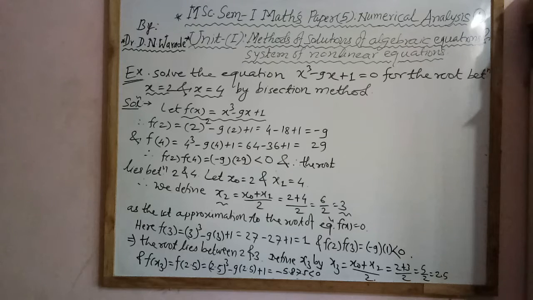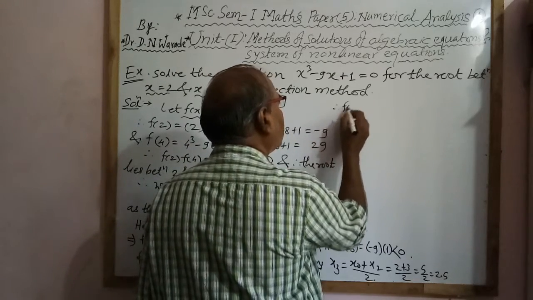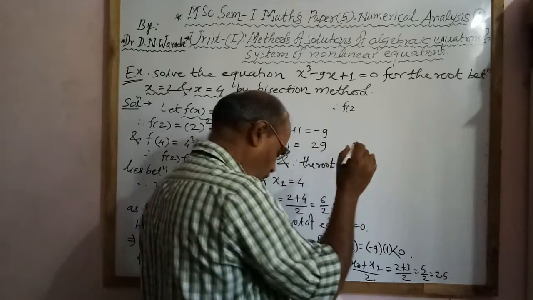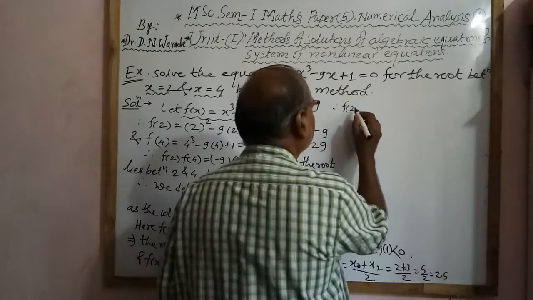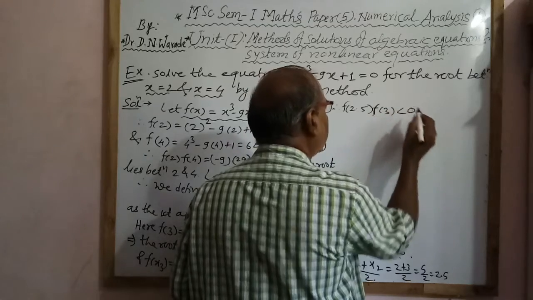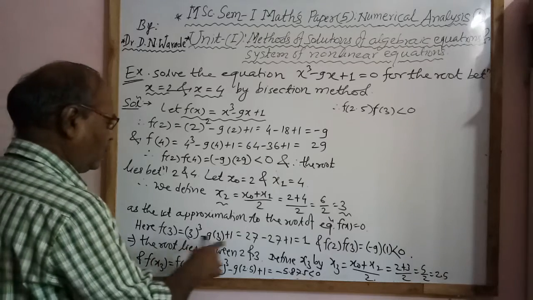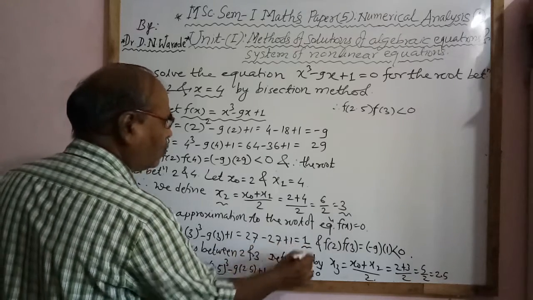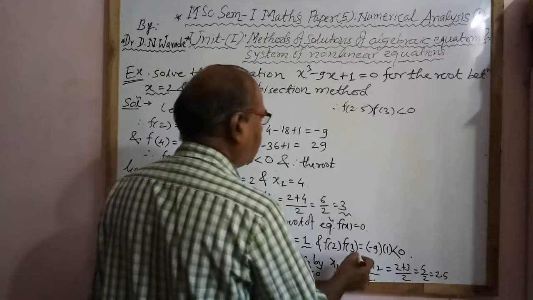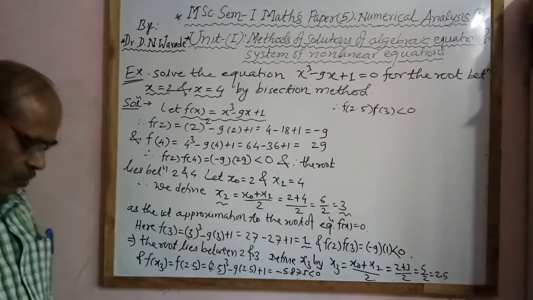Therefore f of 2.5 into f of 3 is negative, because f of 3 is positive 1 and f of x3 is negative, so the product is less than 0.